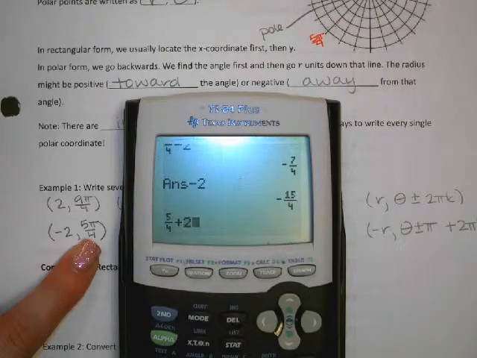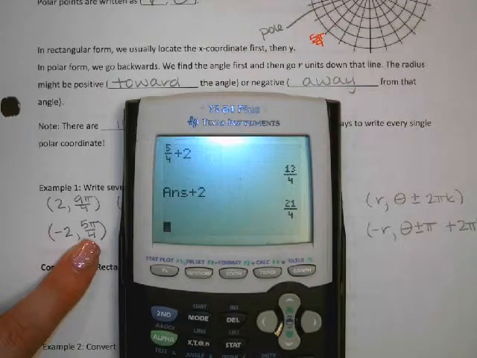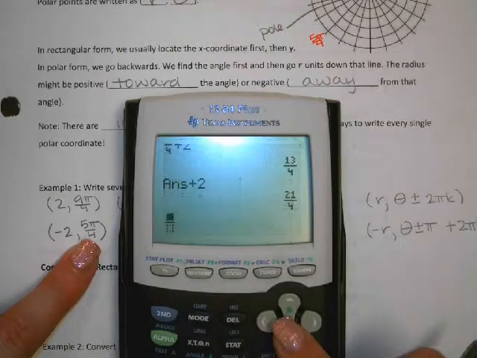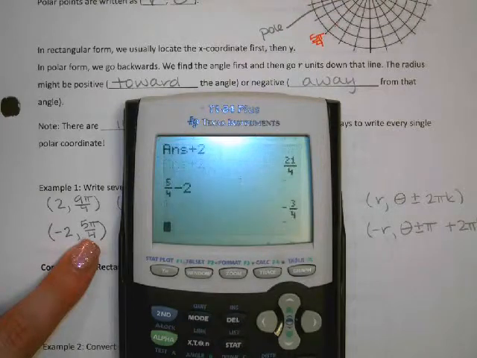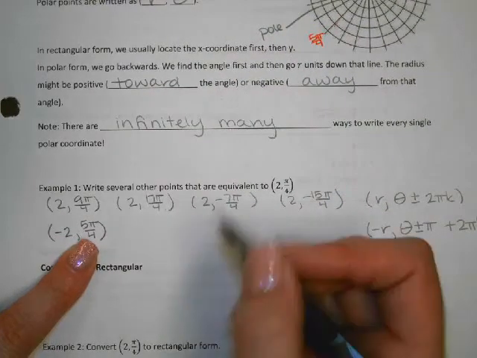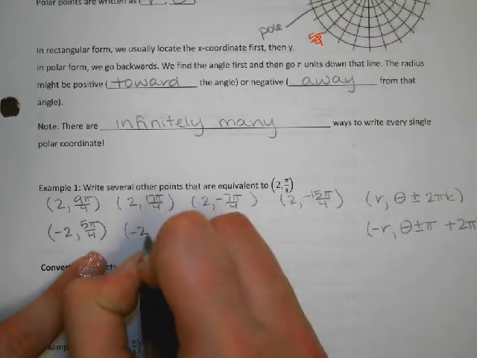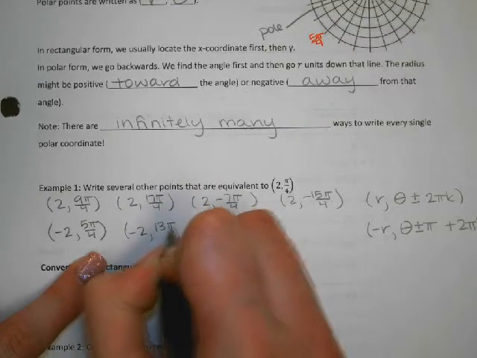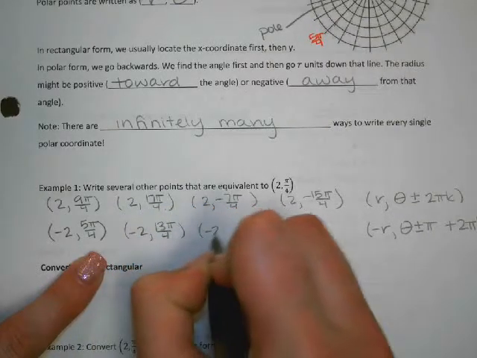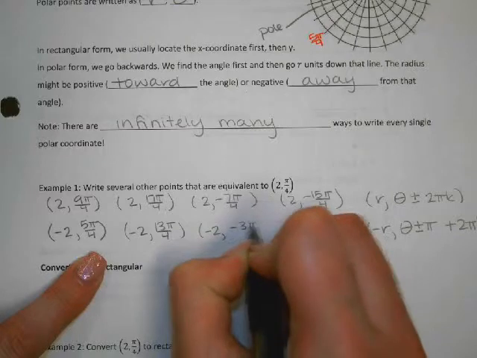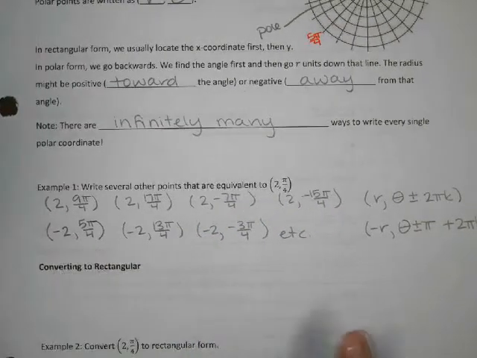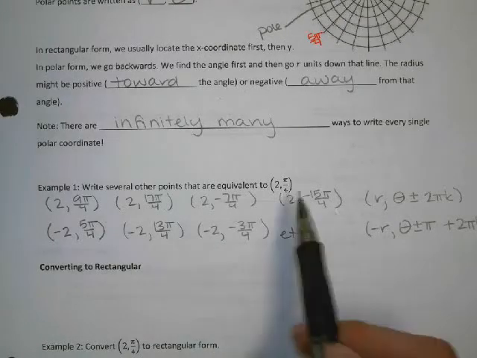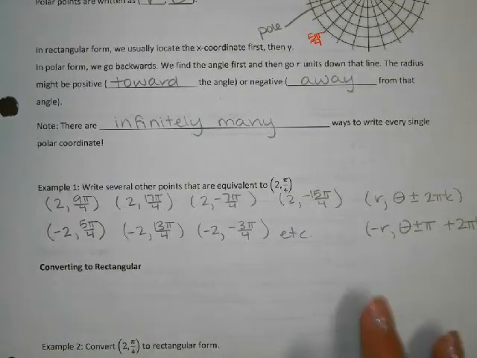So I could say +2 pi, so 13 pi fourths, 21 pi fourths, -3 pi fourths. Okay, so as you can see, there are infinitely many ways, and all of these would plot that exact same point.